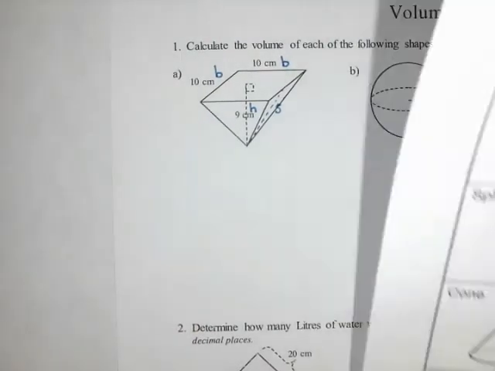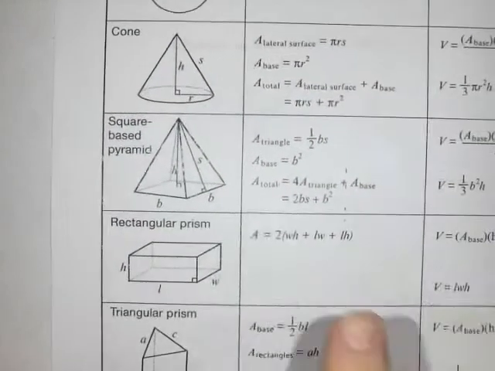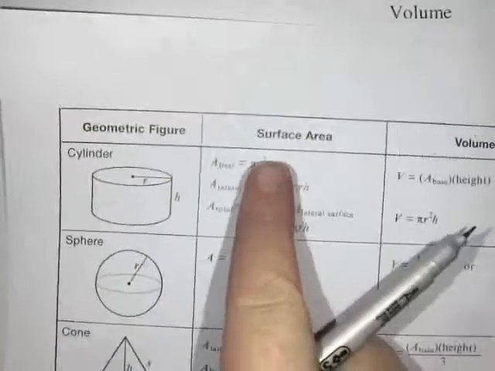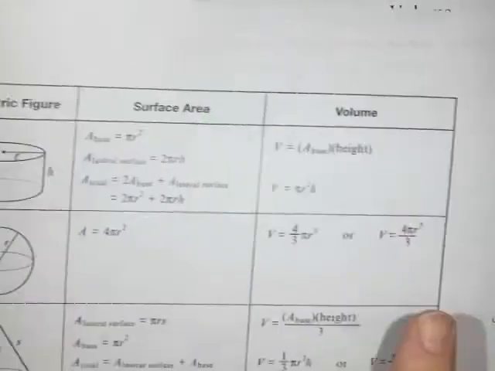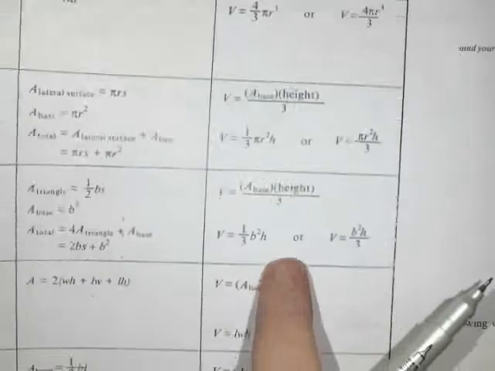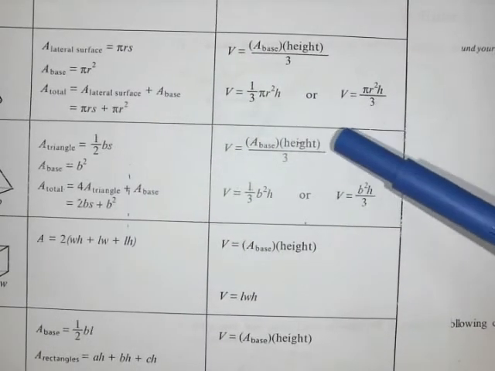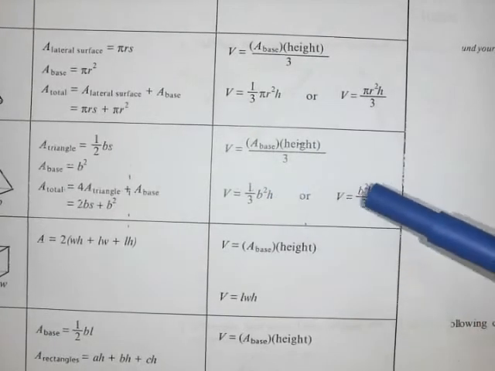So this is asking me to calculate the volume. Now the very first column of formulas are for surface area. So we want the second column, which are the ones for volume. So for the volume of a square-based pyramid, it gives me 3 different formulas.